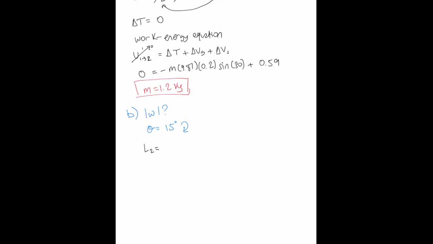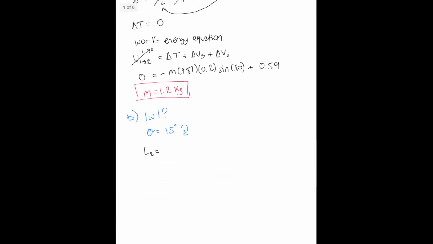We plug in that same equation we found over here, but with 15 degrees for theta: 0.2 over 4 times the square root of 6 sine 15 minus 18 cosine 15 plus 19.